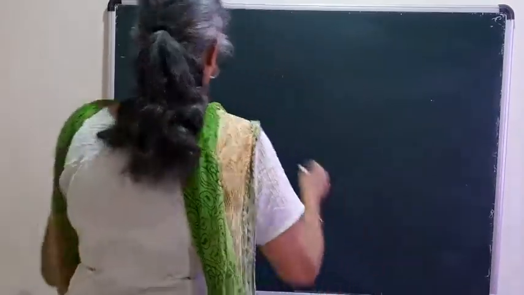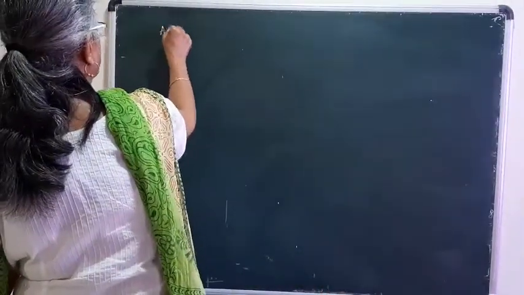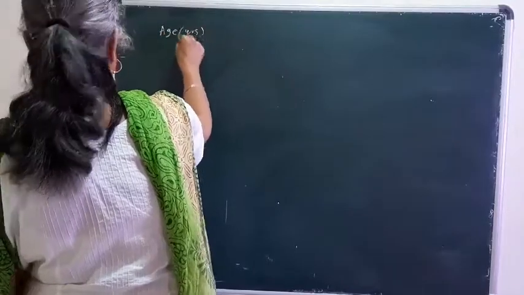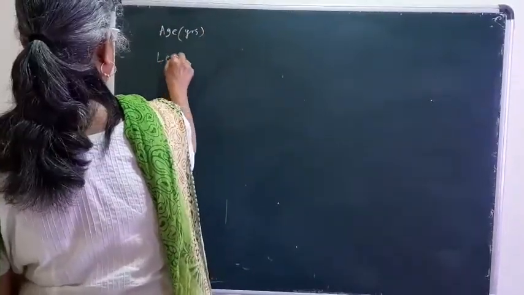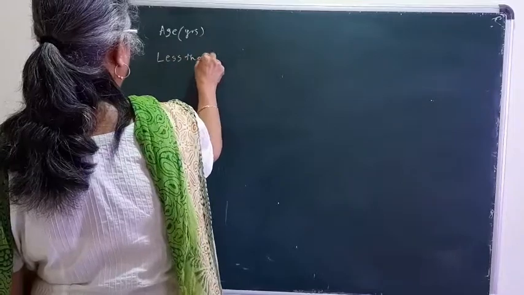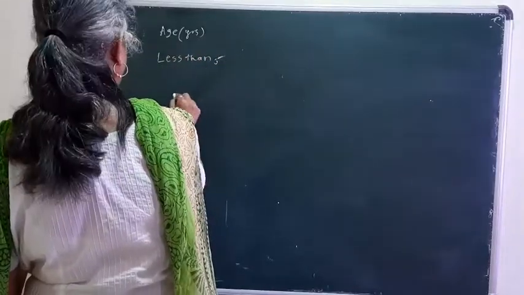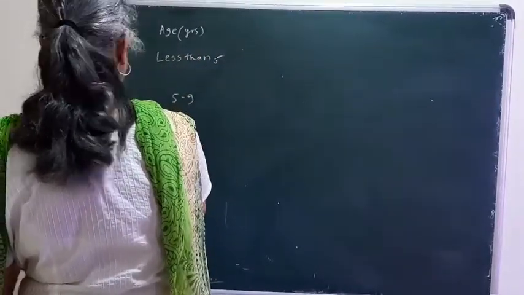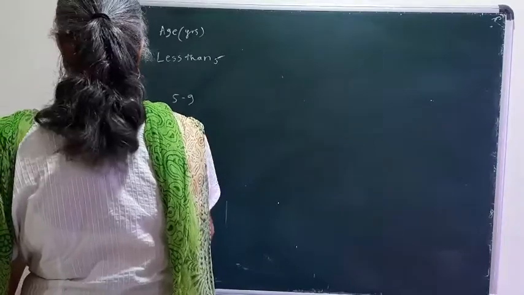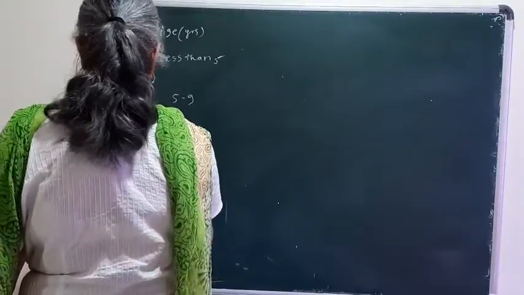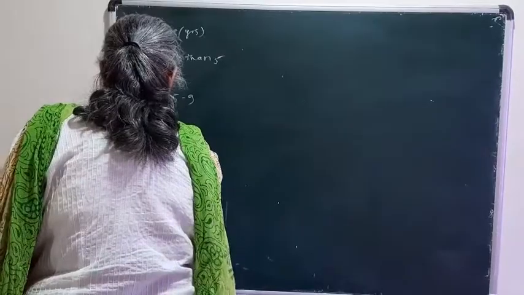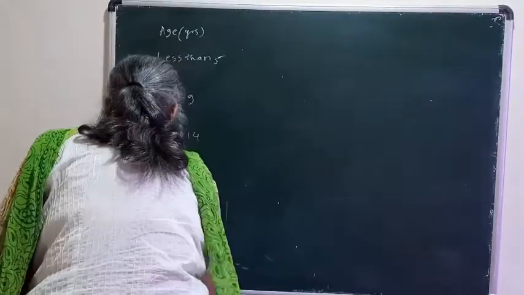So here age, years. So less than 5. Then here they have given 5 to 9, then 10 to 14, 15 to 19, 20 to 24 and 25 to 29.